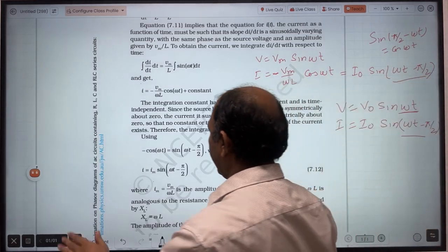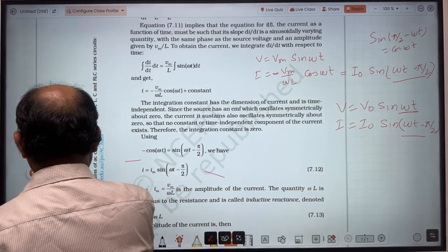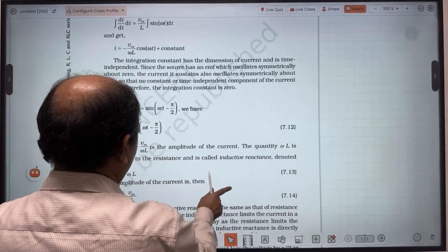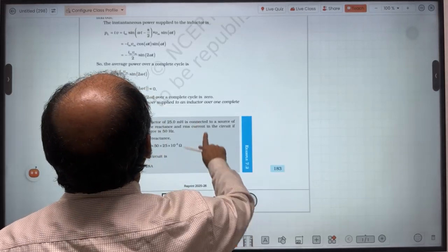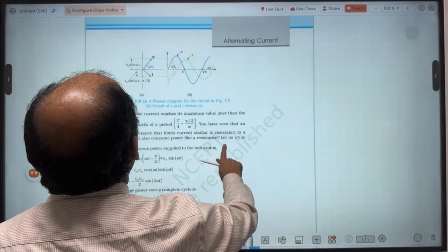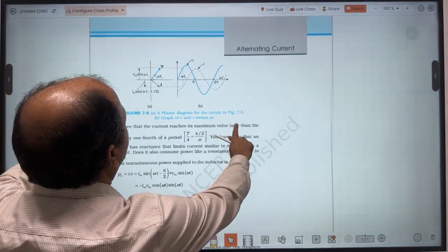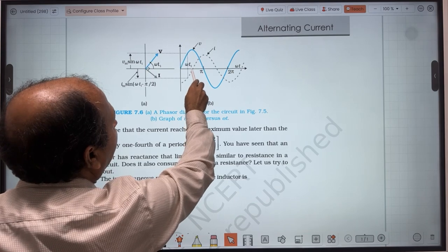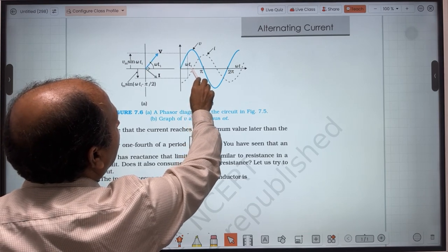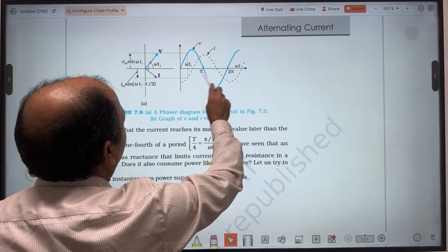So we can see it through a diagram. The diagram is drawn here. Like this. You can easily understand this is voltage. Current is starting from here, which is lagging by pi by 2. So current is going like this.